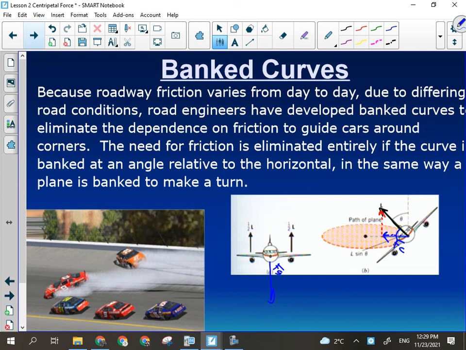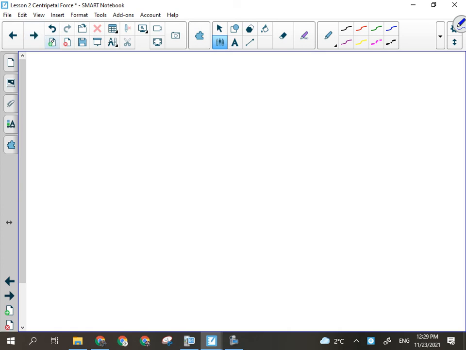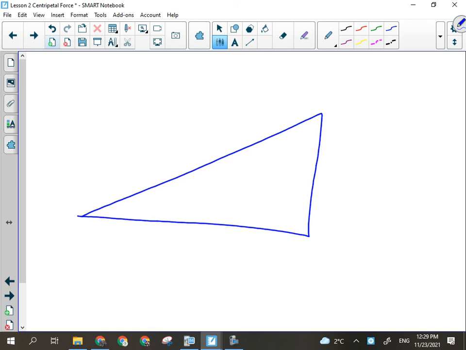Because really, a banked corner is an inclined plane. Now, it's an inclined plane that goes like this. That's the best three-dimensional drawing I've ever made.